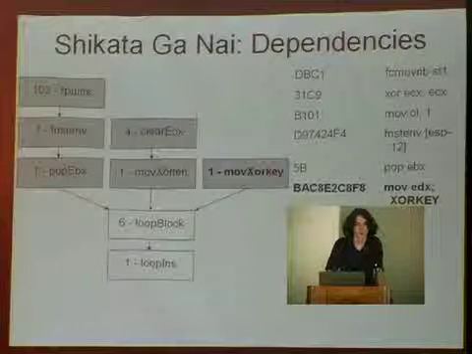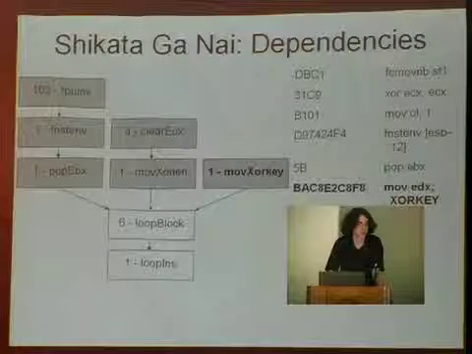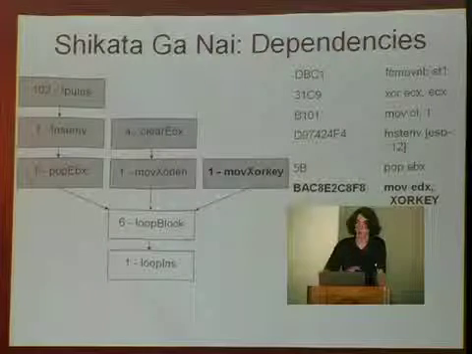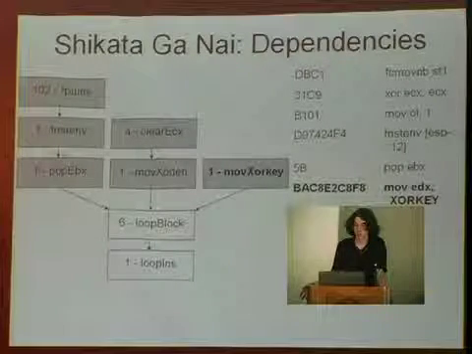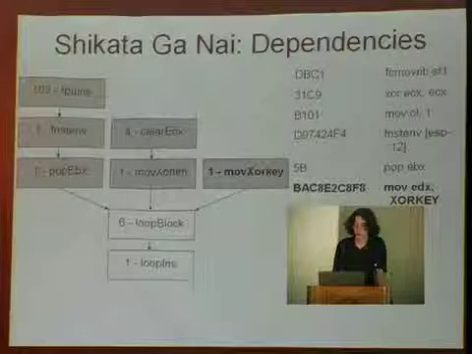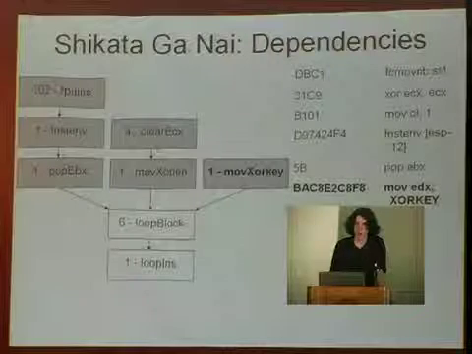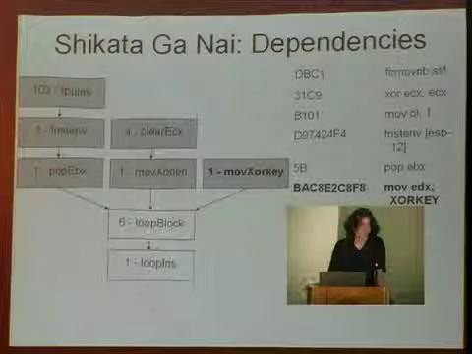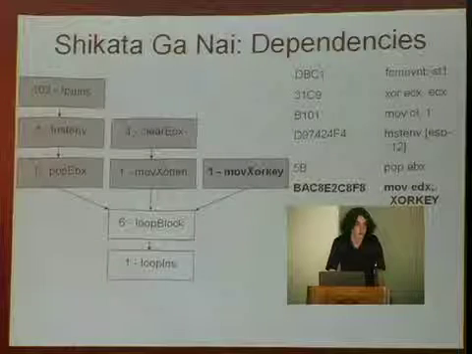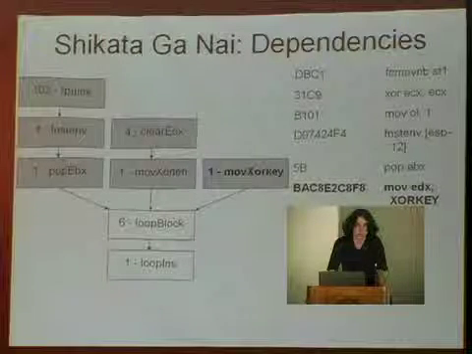Going back to the 3 rules of polymorphism, what it's doing here is this dependency chain allows it to reorder it in different ways every time. It also uses different instructions every time, so that if you look at the same code generated 2 times, it looks nothing alike. It has different orderings and it uses different instructions, so it's pretty hard to tell that it's actually the same thing.